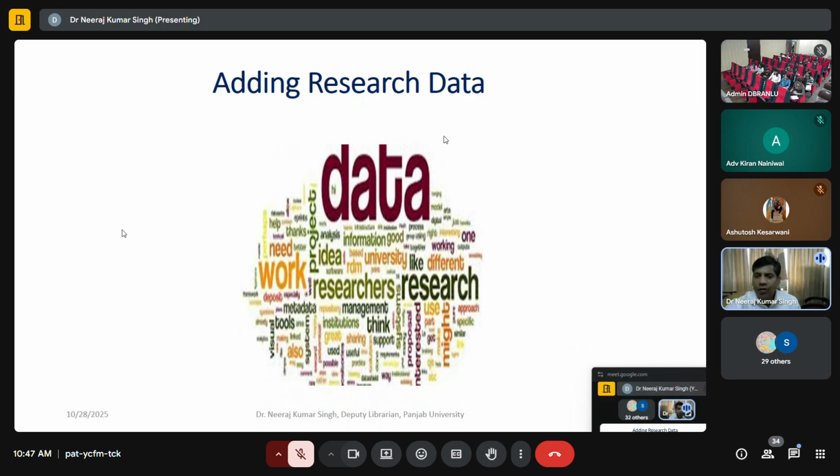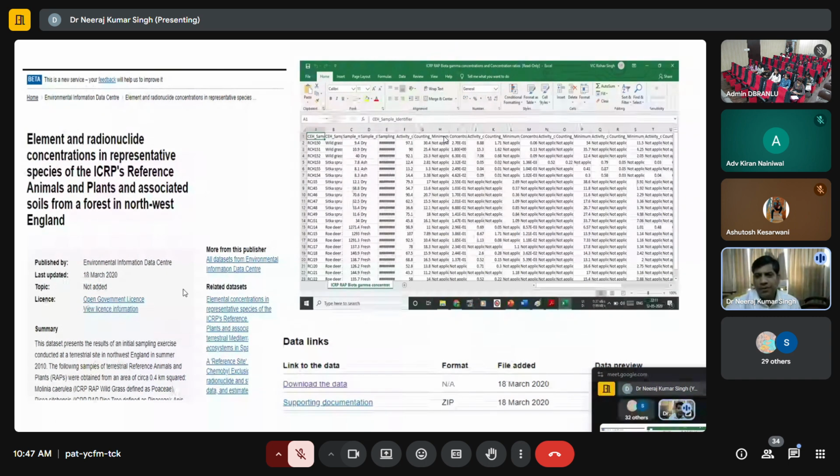Now, in the sciences and social sciences also, there are many cases of data manipulation and data fabrication. So just to avoid all these things, you can add your research data also. Like for example, this is the research data. Now, whenever you are uploading your paper on any publisher's platform, there is one option called supplementary data.